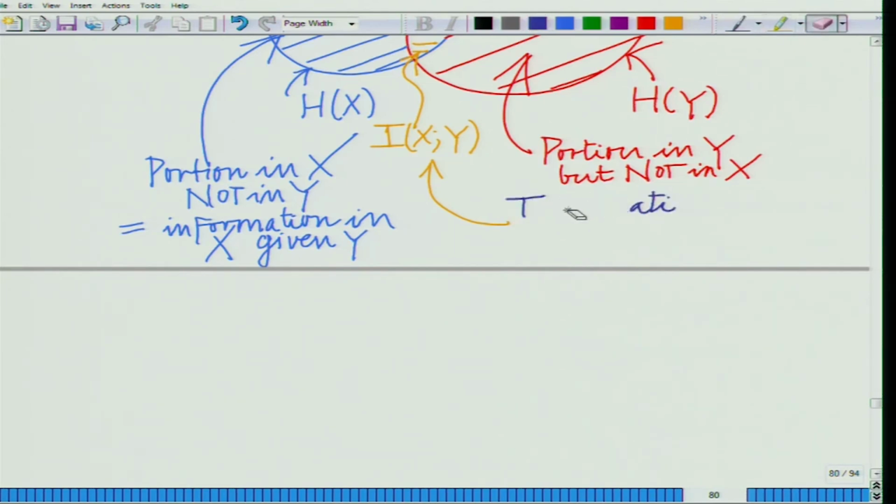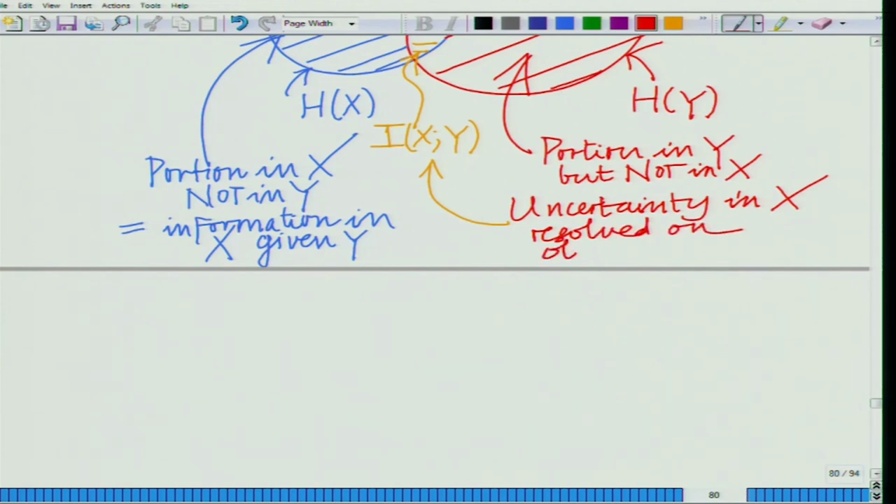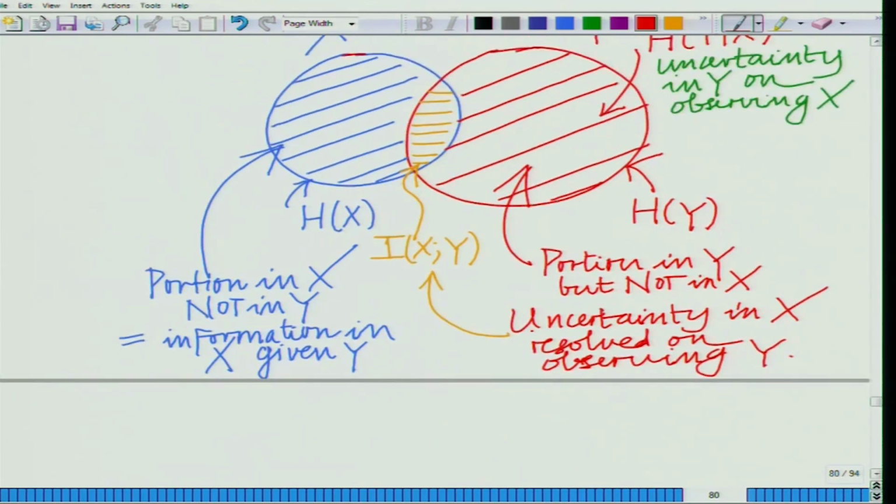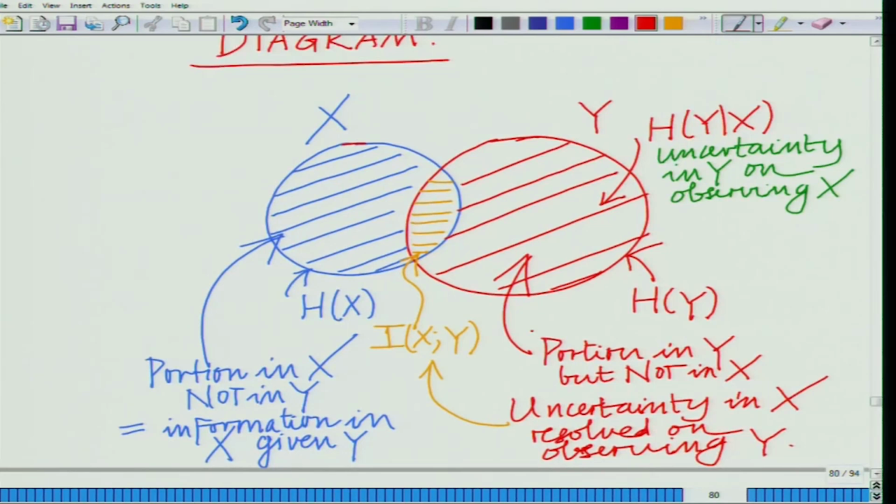Or uncertainty in x resolved on observing y.